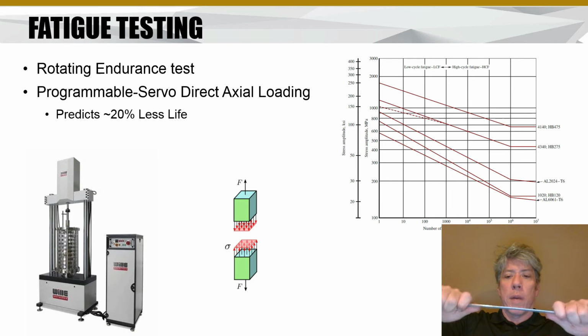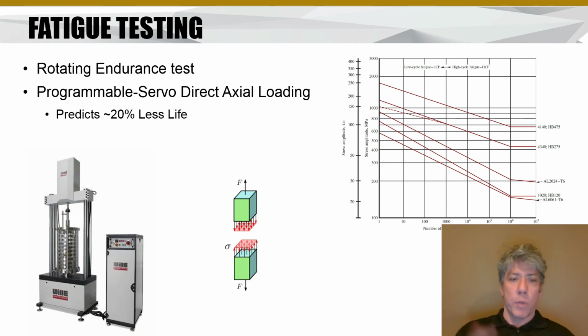So some programmable load of compressive stress, tensile stress, whatever I wanted. I could program it to apply whatever loads I want repeatedly in order to test the material and find its fatigue life. Interestingly, if you're doing it that way, instead of bending, you're not just loading the outer fibers, you're loading the entire cross section at the same amount of stress.